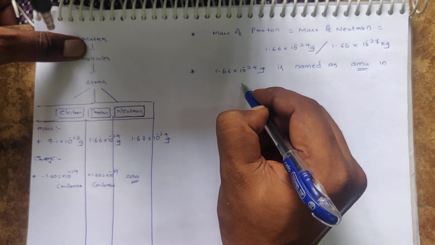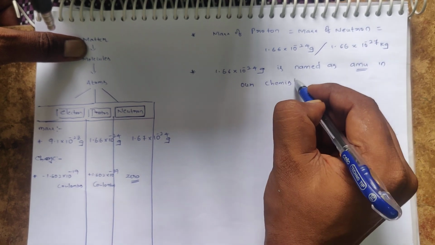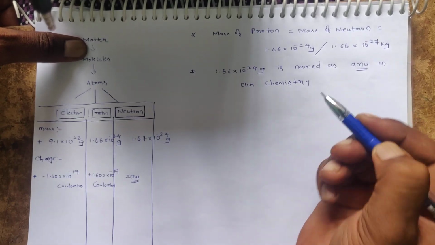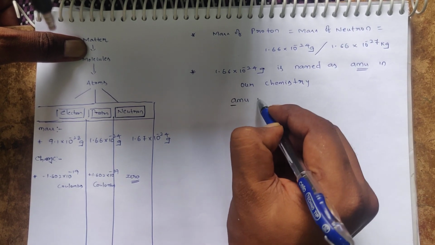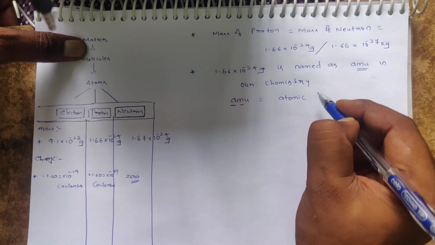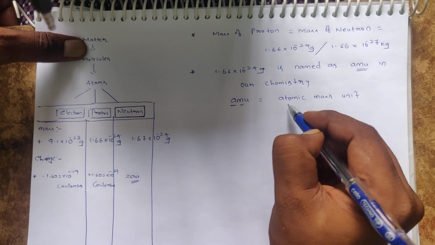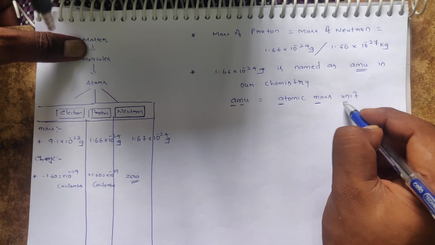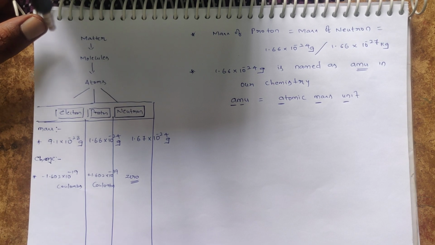AMU means atomic mass unit. A stands for atomic, M stands for mass, U stands for unit, atomic mass unit. So the smallest value of mass is named as AMU.